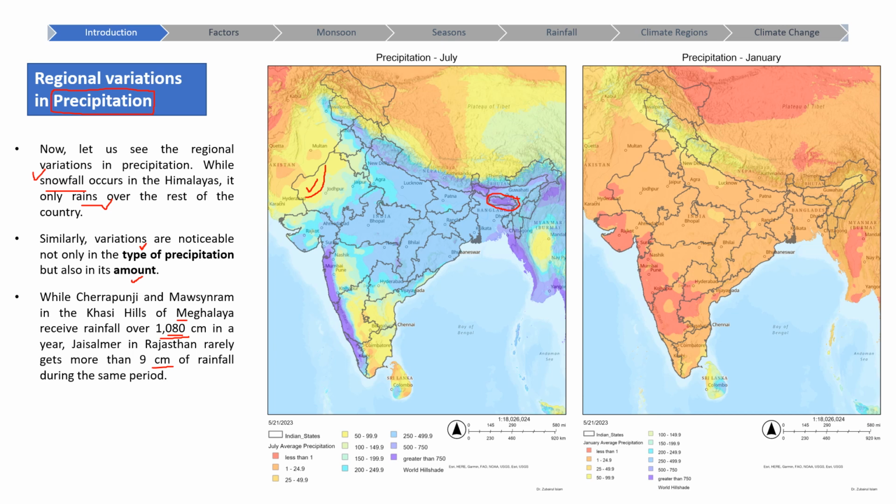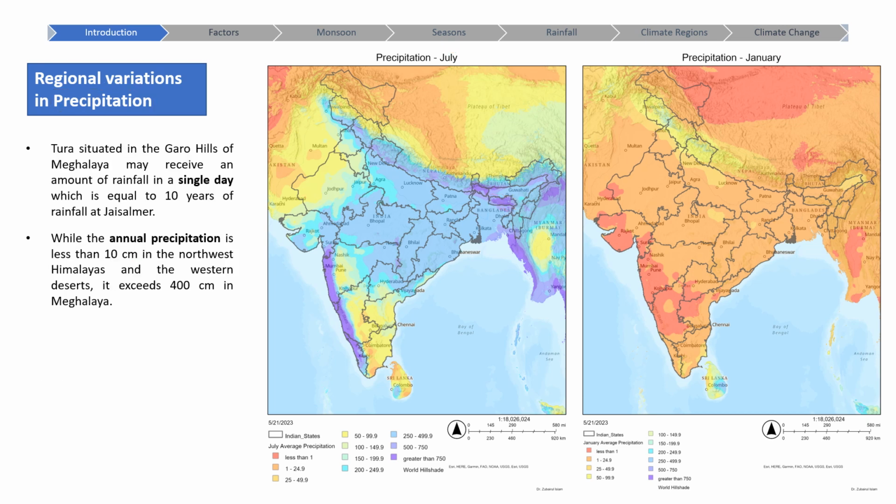There is a difference in July and January, in summer rain and winter rain also. You see here the place which is situated in Garo Hills.